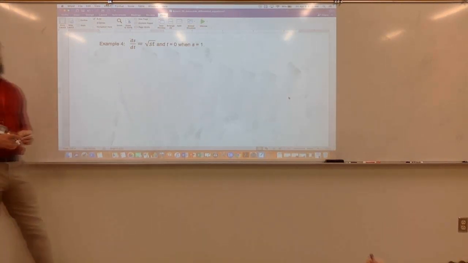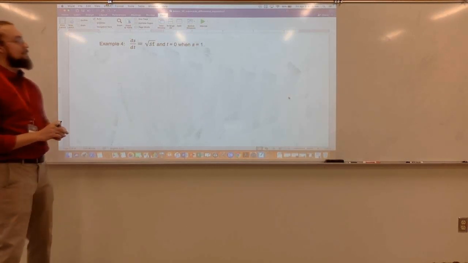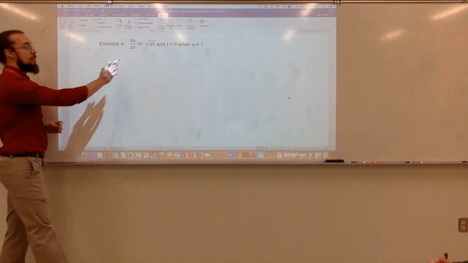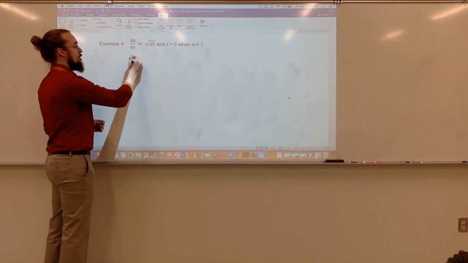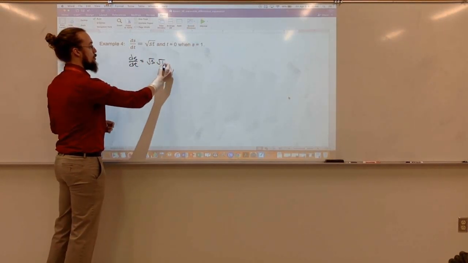Alright, how would I split this one up? How would I separate the variables here? Well, since they're multiplied, you can make it 2 different square roots. We could say this is the same as the square root of s times the square root of t.